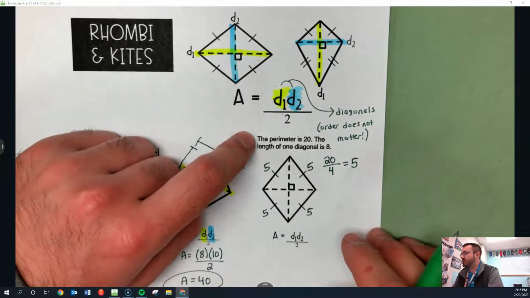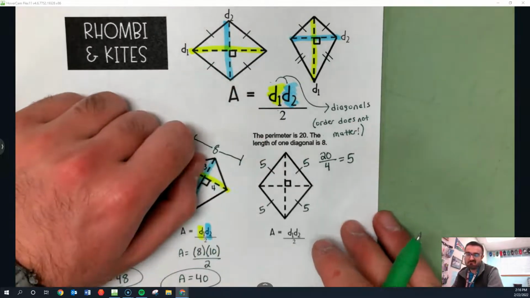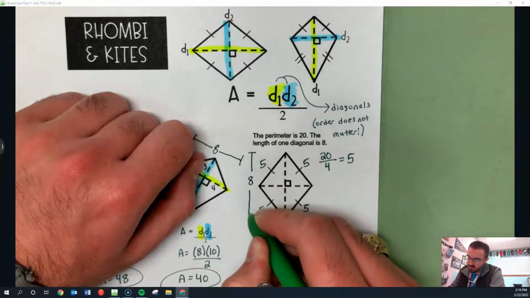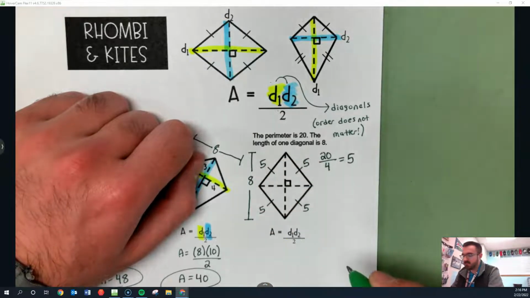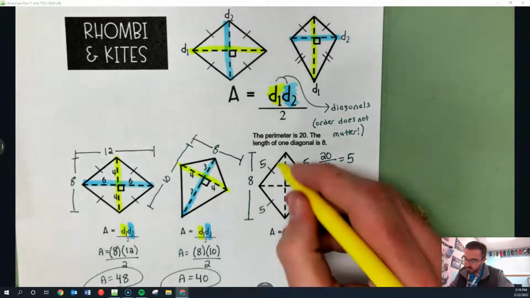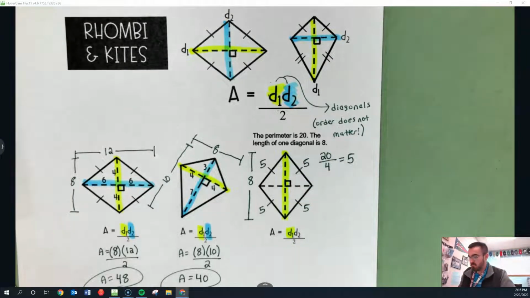Now what else do we know? Well, we know the length of one diagonal is 8. Doesn't matter which one we pick. How about we study this one? The length of that whole diagonal is 8. How does that help us? If we now know that this whole thing is 8, that could be good to know, right? We know diagonal 1 is 8.